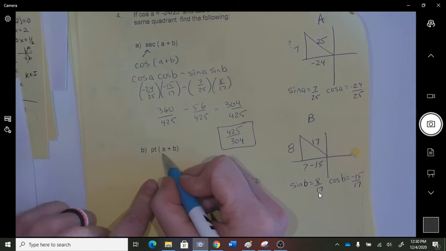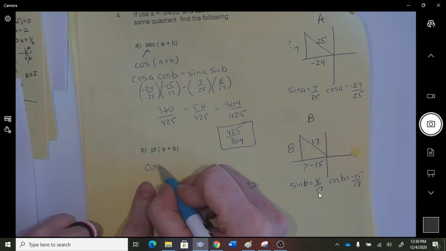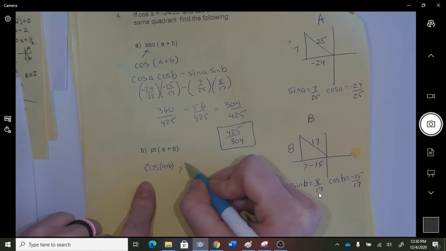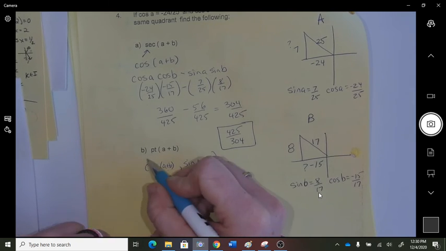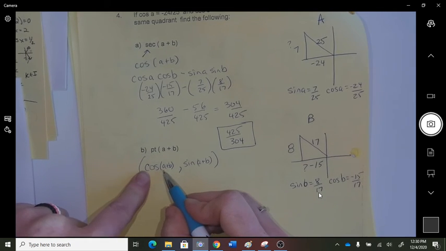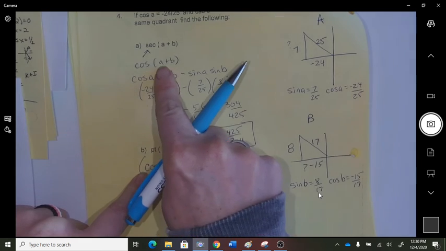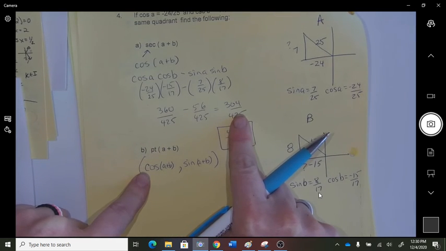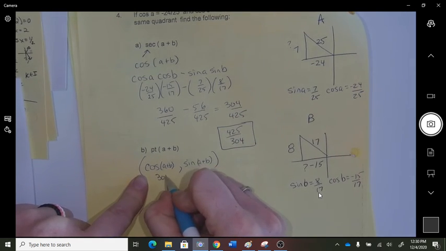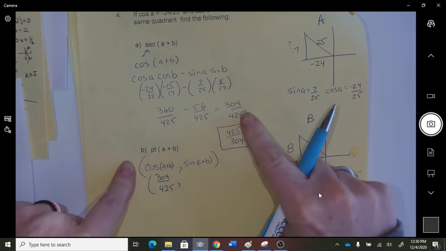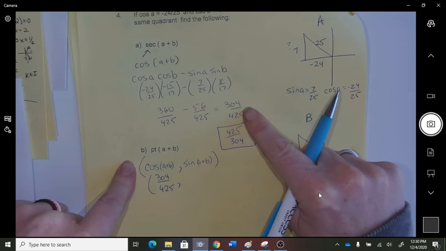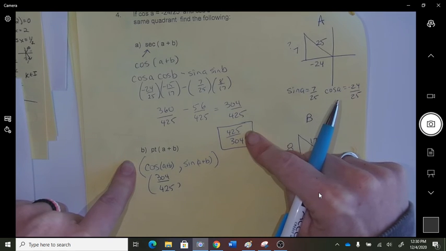Okay, to find the point, we would need the cos of A plus B, comma, the sine of A plus B. So we actually already have cos of A plus B, which is 304 over 425. Don't forget, this was the cos, and this is the secant.